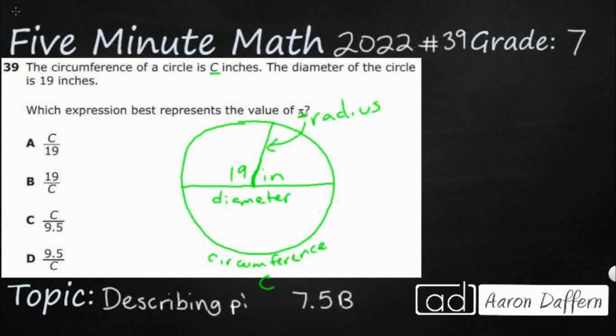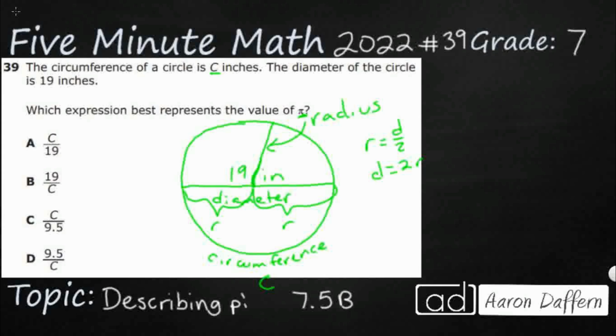And by definition, the radius is going to always be half of your diameter, because this right here is a radius, and then this right here is another radius, right? So radius is always half the diameter, or your diameter is always double the radius.